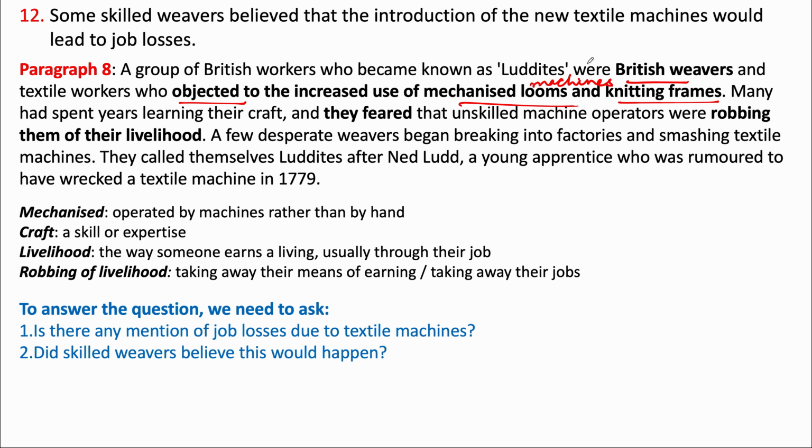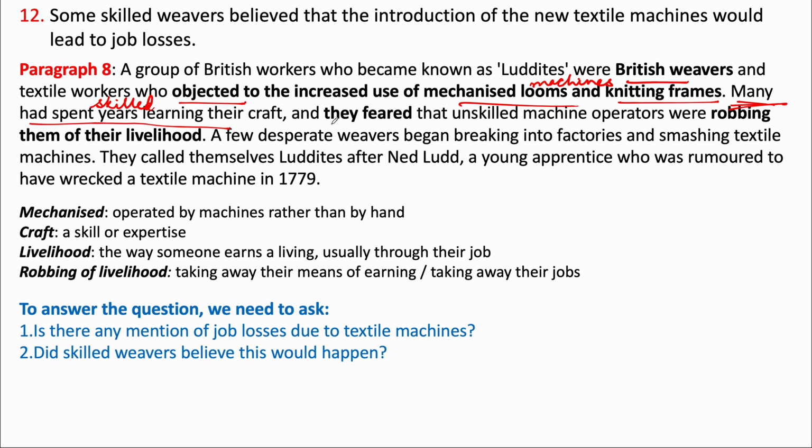Mechanized means operated by machines rather than by hand. It also says many had spent years learning their craft. This means many weavers had spent years learning their craft, which means that they were skilled.